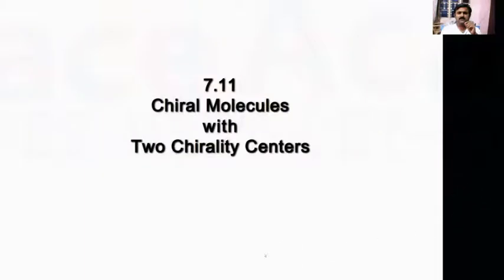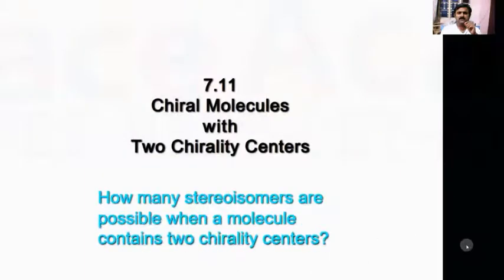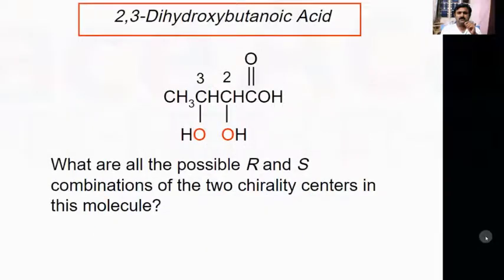Chiral molecules with two chirality centers. Earlier we observed one chirality center. How many stereoisomers are possible when a molecule contains two chirality centers? So the question definitely arises. We have 2,3-dihydroxybutanoic acid. What are the possible R and S combinations of the two chirality centers in this molecule?